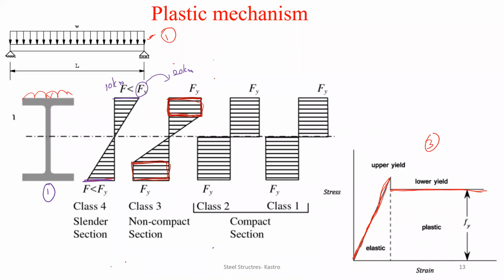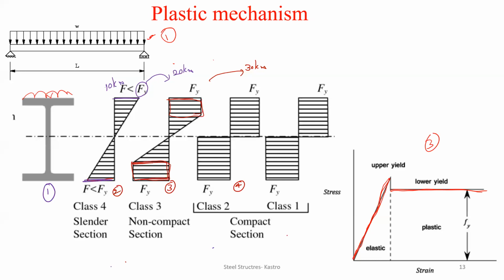Now, in the third case, you are still further increasing the load to 30 kilonewtons. You can take this as the second, third, and fourth figure. In the fourth figure, when you still increase the load, the fibers in the rectangular portion don't yield anymore.